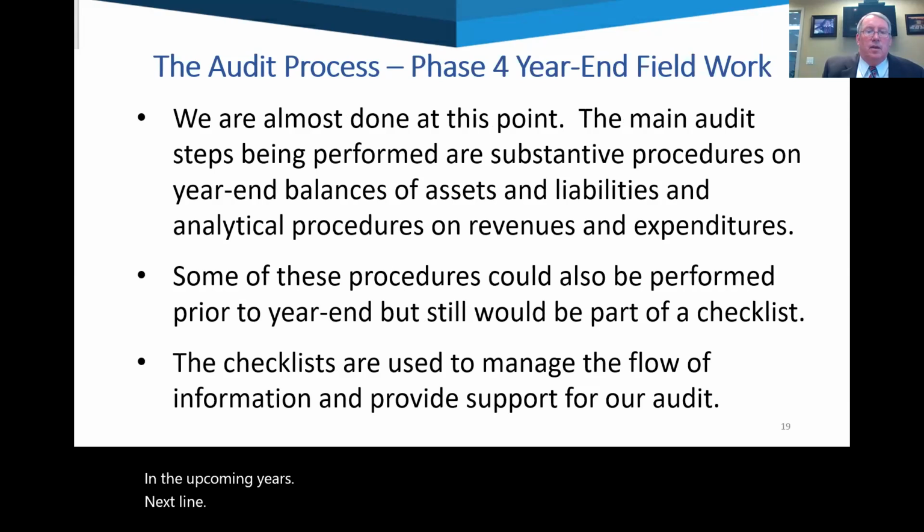All right. We're almost done at this point of the audit, the phase 4 year-end audit work. Main audit steps being performed are substantive procedures and year-end balance of assets, liabilities, and analytical procedures and revenue and expenses. So what we should be at this point in time is kind of like I said in the previous, right? We understand who you are.